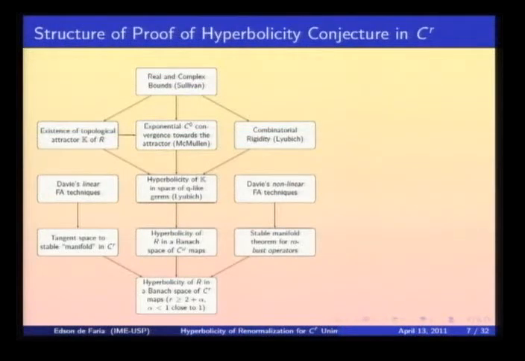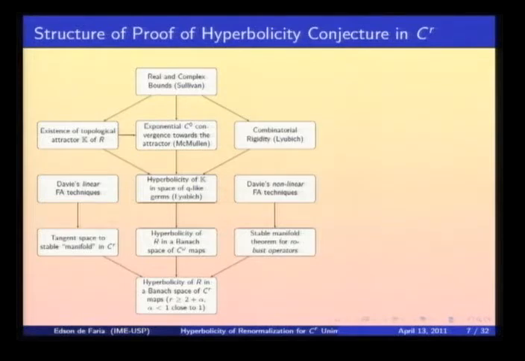here. So the theorem that we have, if you put everything together, the structure of what we have to do to get the Lanford hyperbolicity conjecture is given in a diagram like this one. So at the top, you see the real and complex bounds of Sullivan. They come into play in everything.